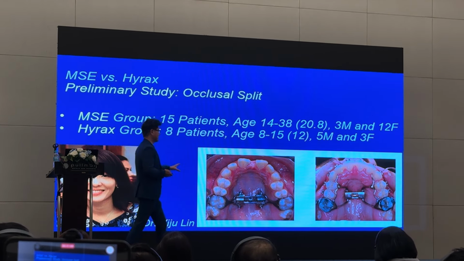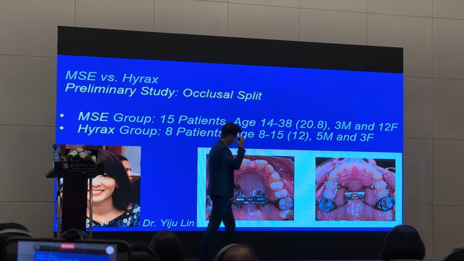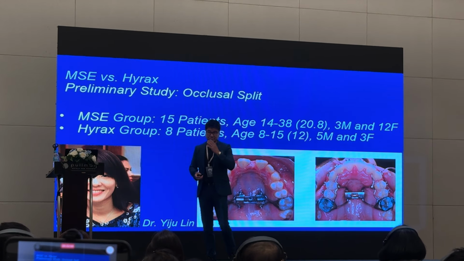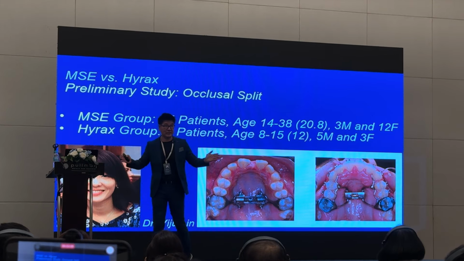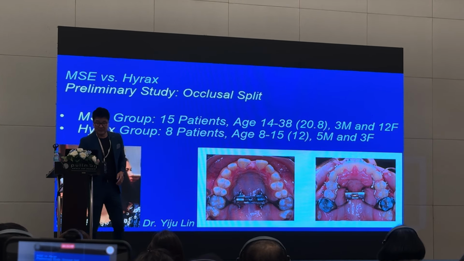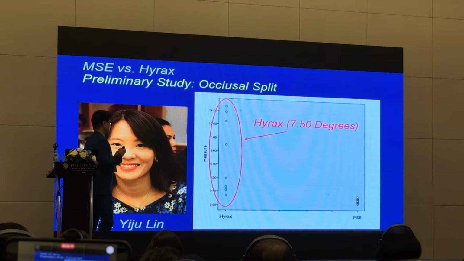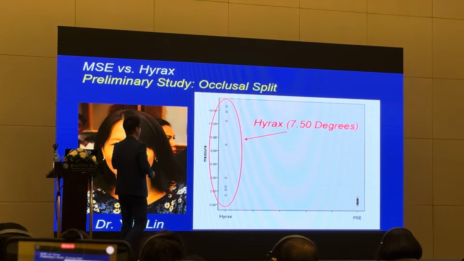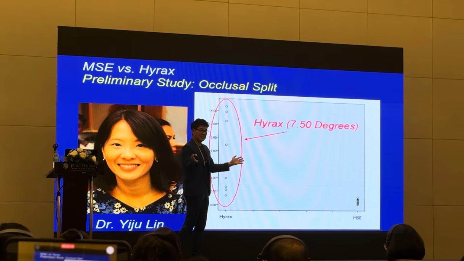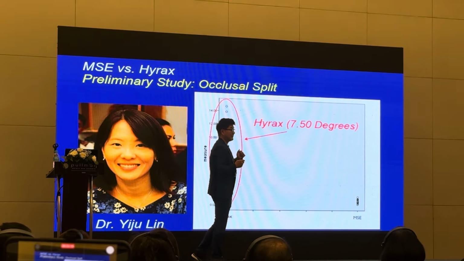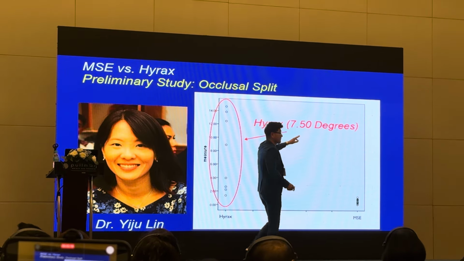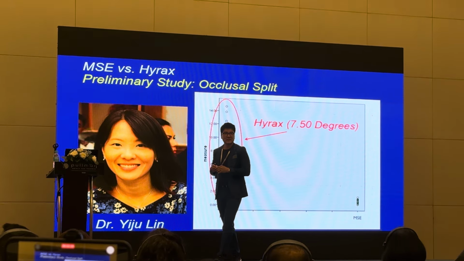She looked at the MSC patients we had and the Hyrax patients we had, and measured the angle between these two blue lines. The result was quite striking. With Hyrax, we saw some divergence, which we expected, but it was only 7.5 degrees, not so large.